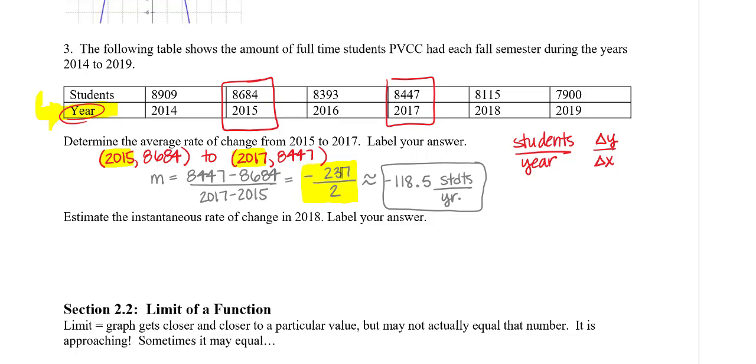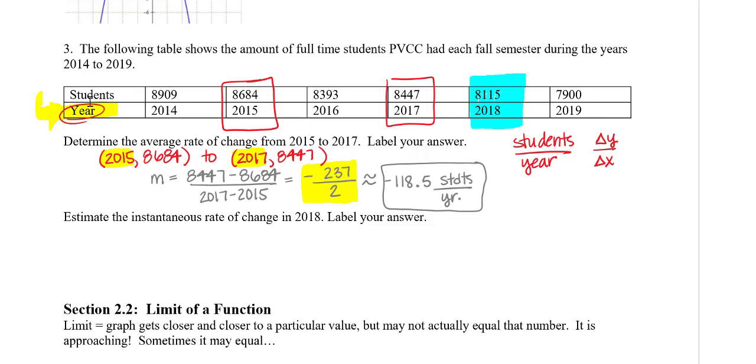So if we had to estimate the instantaneous rate of change in 2018, I can look at my table and see where 2018 is, and I have one set of data for 2018. There were 8,115 students. But that doesn't necessarily tell me what the rate of change was in 2018. And now I don't necessarily have a function to work with.